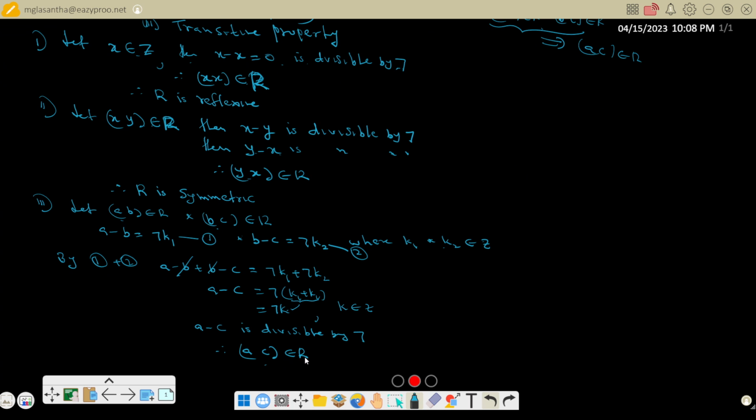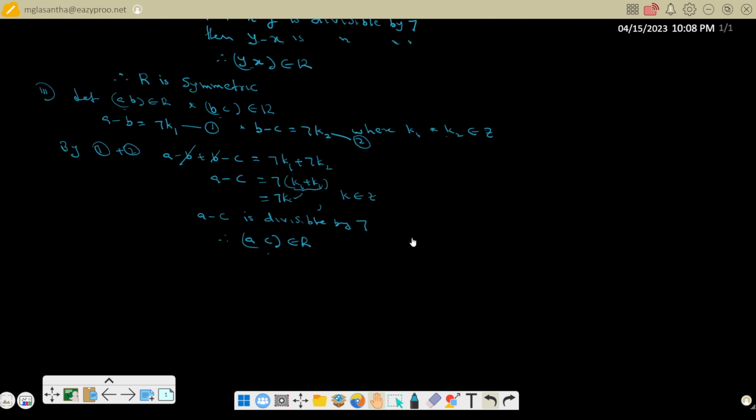What does that mean? That means R is transitive. Therefore, R has all three properties: reflexive, symmetric, and transitive.